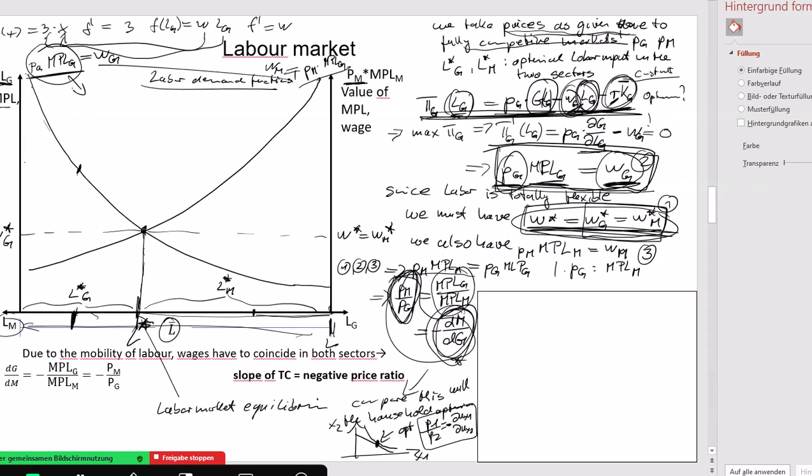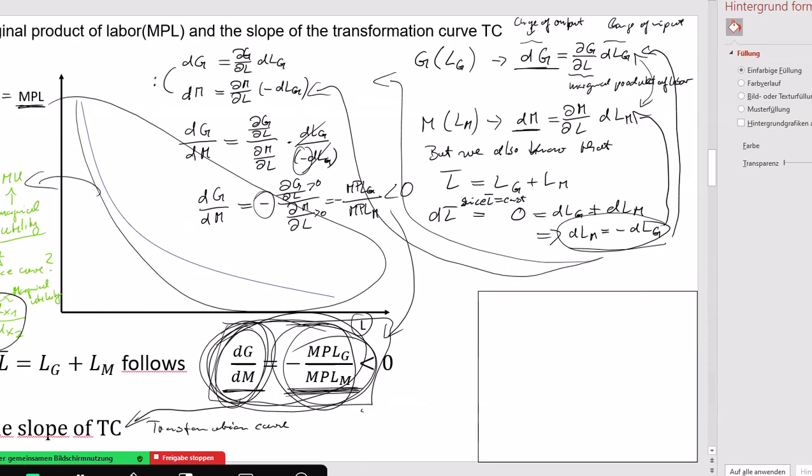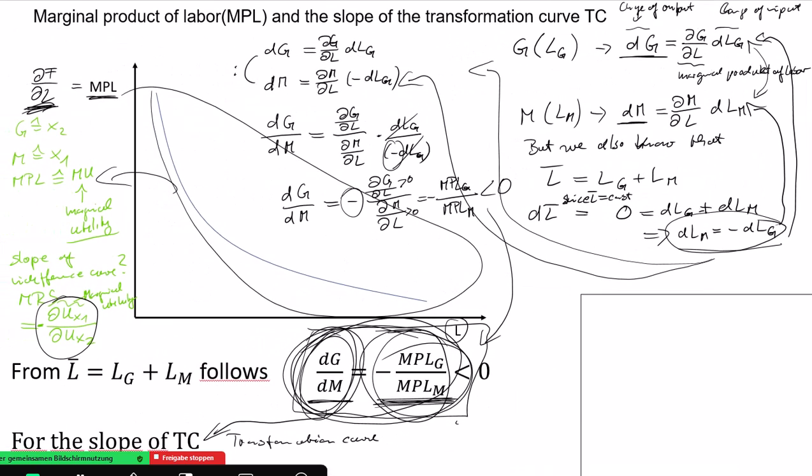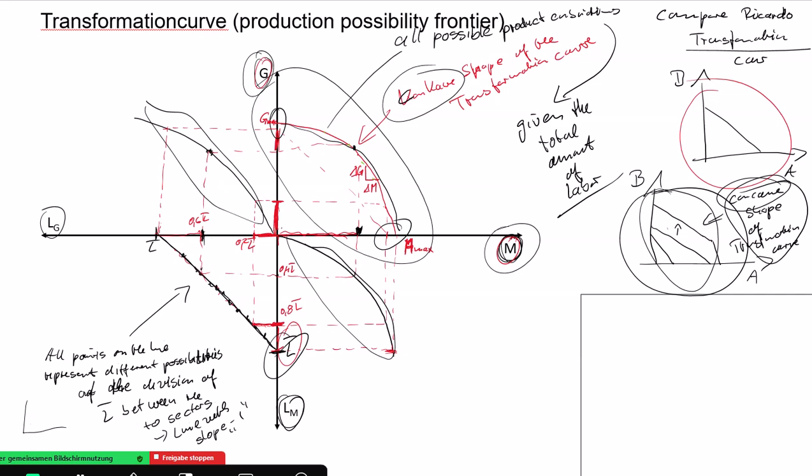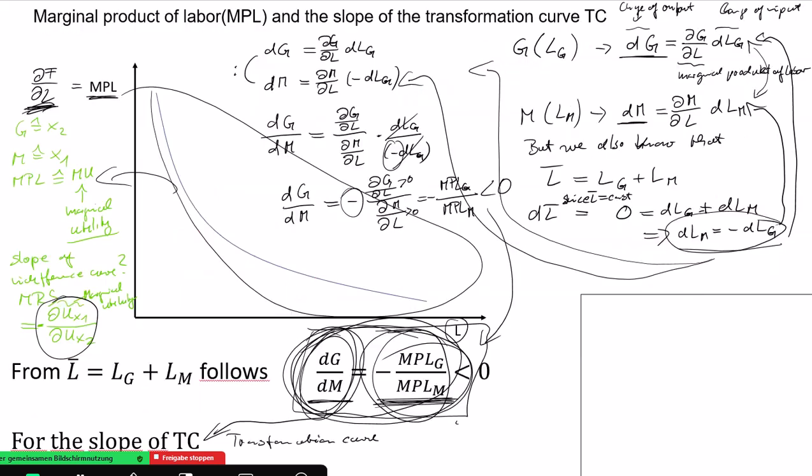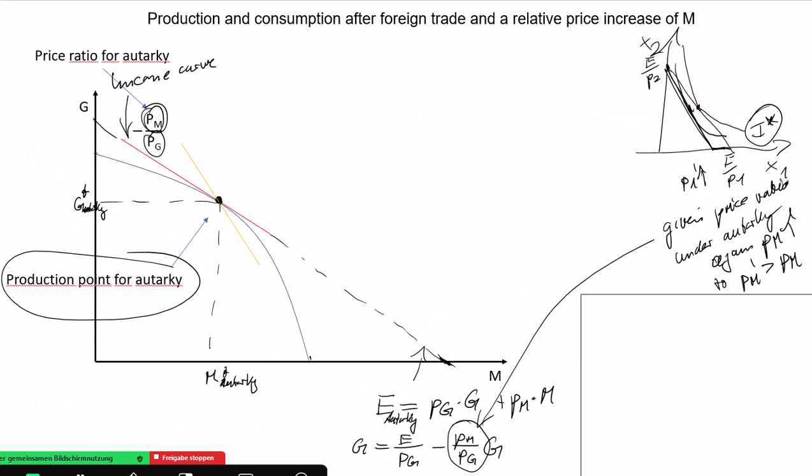Still, it's just derived from this graphical representation. Only because the prices have changed, our production possibilities are still the same. So here we cannot do anything about the blue line, but we can change the production point which we choose on this condition.